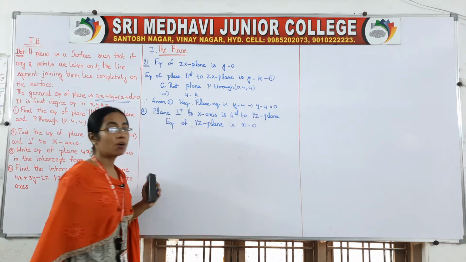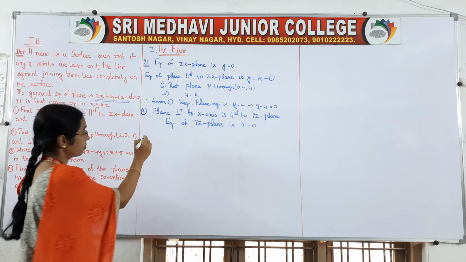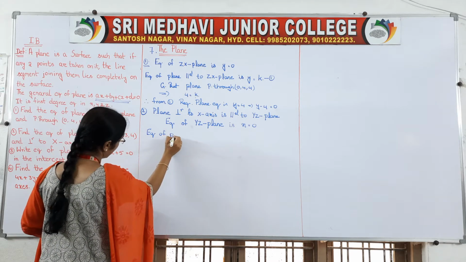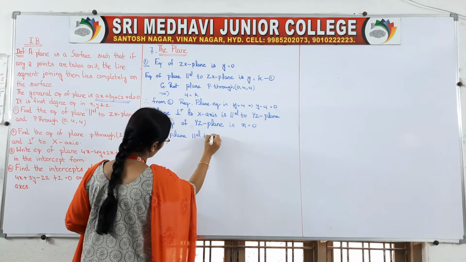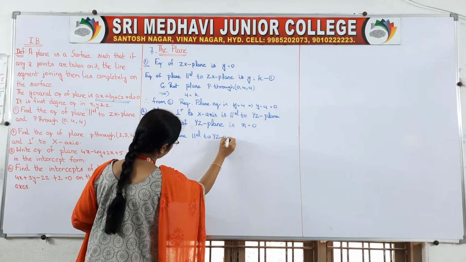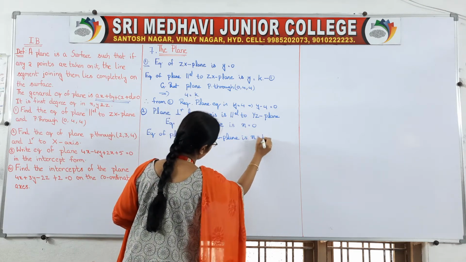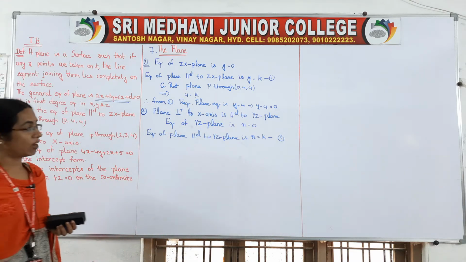Now we have to find the plane which is parallel to the YZ plane. So the equation of a plane parallel to the YZ plane is x = k. You consider that as equation number 1.